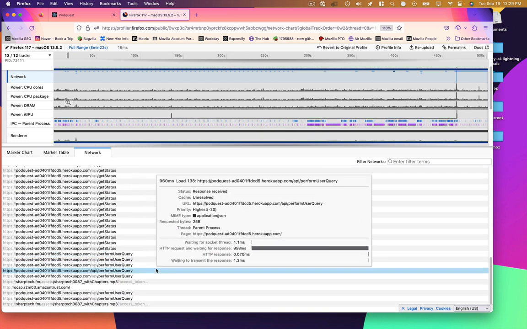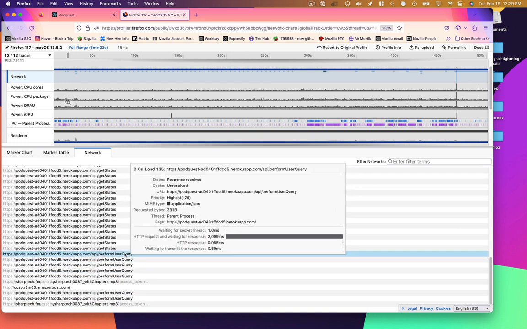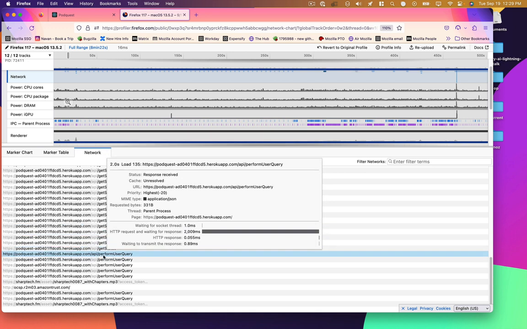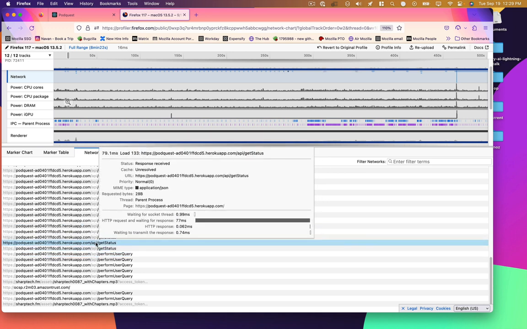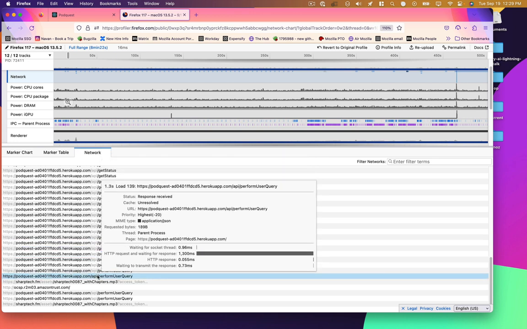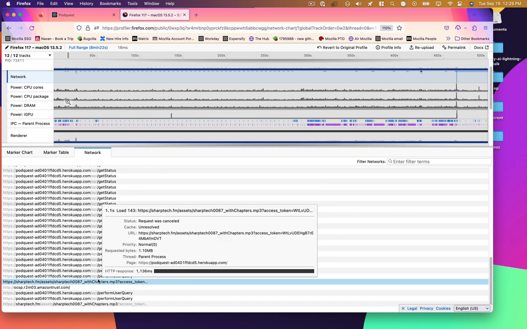And then in these perform user query steps, we're actually asking the API to answer our questions, and it's responding back. So you can see slightly longer response times, 2,000 milliseconds, so a couple of seconds to go and fetch OpenAI and ask questions in real time.